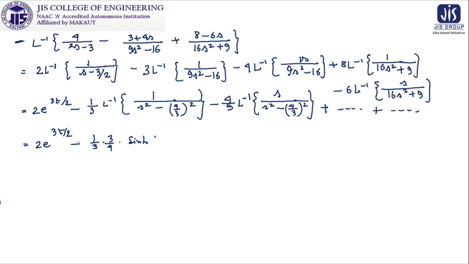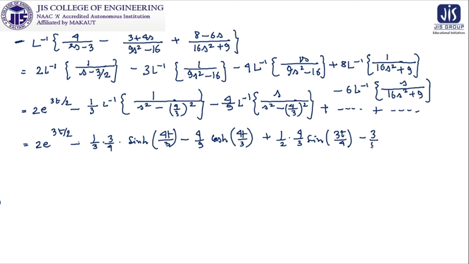So sine hyperbolic 4t by 3, and exactly in a similar structure, 4 by 9 cos hyperbolic 4t by 3, plus, for the next two terms it will be half into 4 by 3 sine of 3t by 4, and the last term will be converted as minus 3 by 8 cos of 3t by 4.